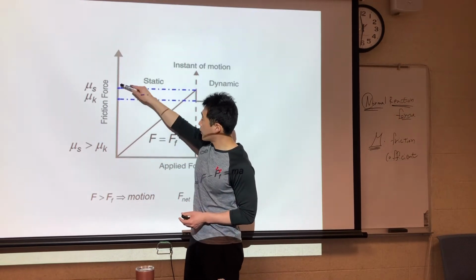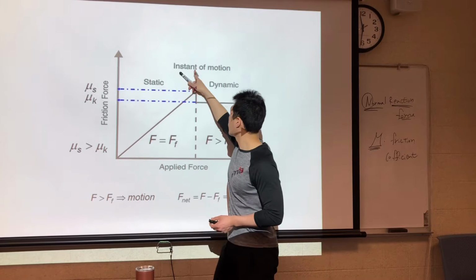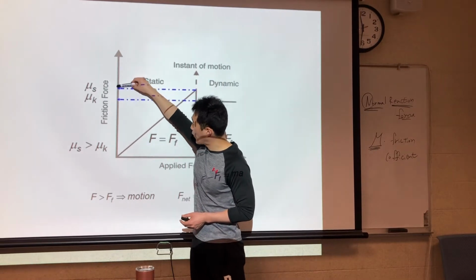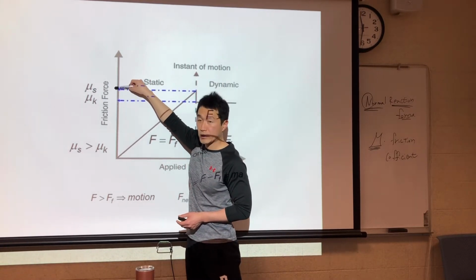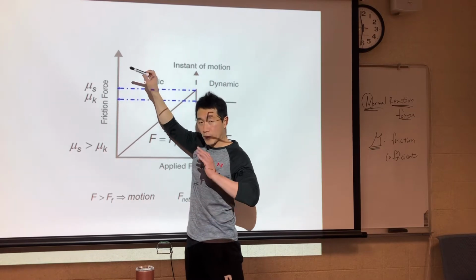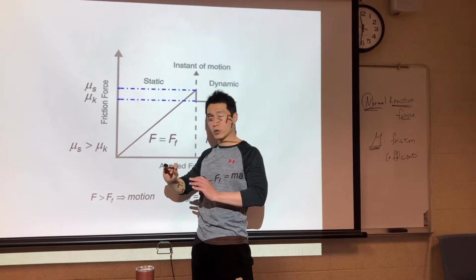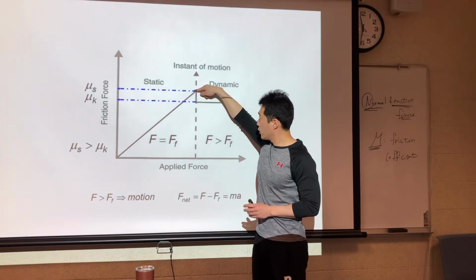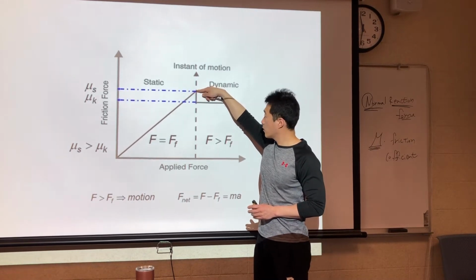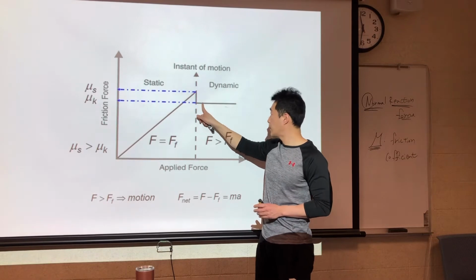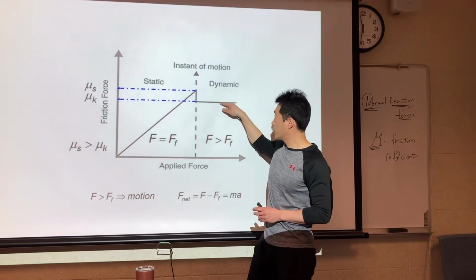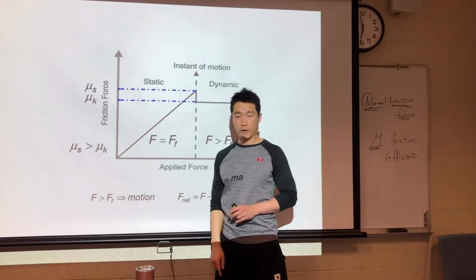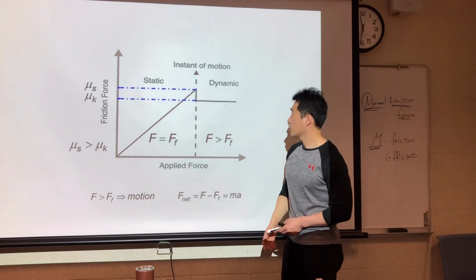So this point is the maximum static friction, by the time we can initiate the motion. After that, the friction becomes slightly lower and then stays constant. So this one is kinetic friction. So this is the dynamic region.